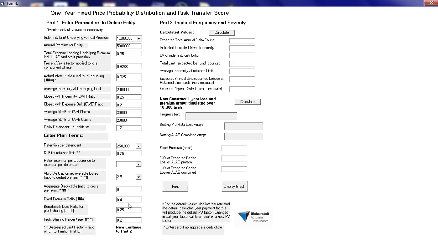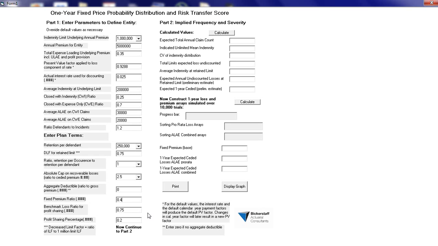So we've got a fixed premium ratio of 40%, but typically these fixed premium arrangements include a provision for profit sharing for the ceding carrier. And I'm using one that's fairly typical.